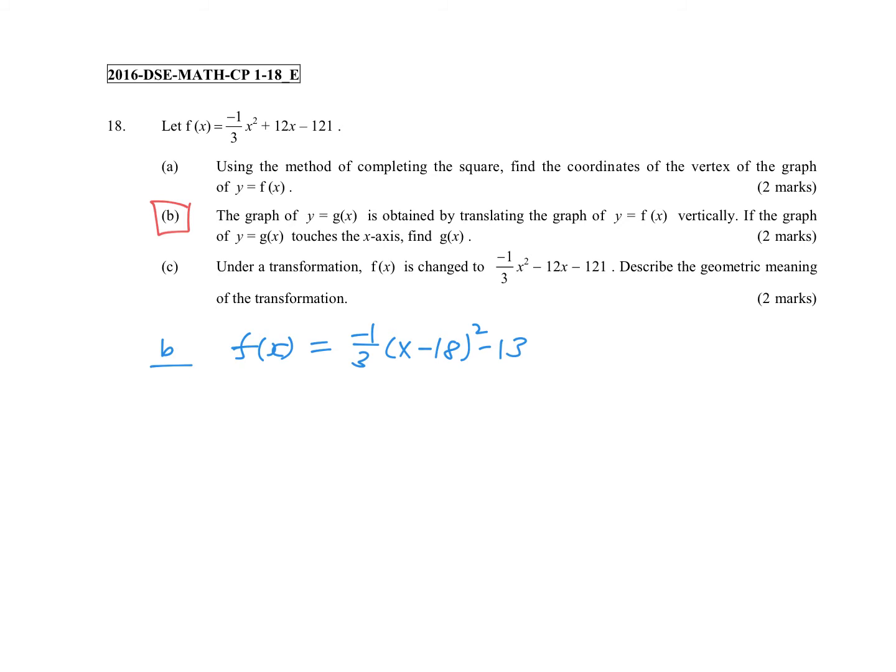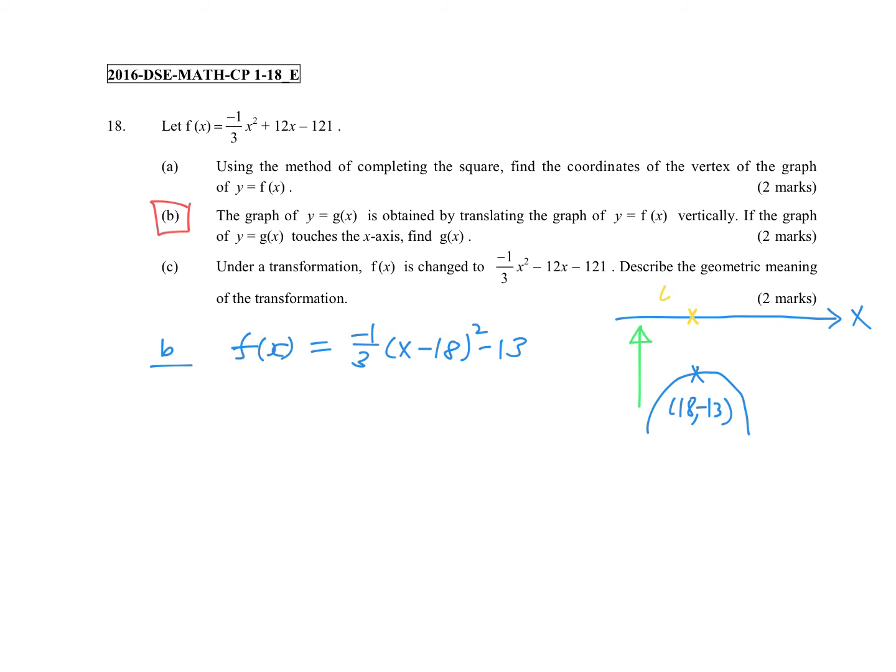Here, the graph opens downwards, with vertex coordinates (18, negative 13), and the x-axis will be above the whole parabola. So the whole graph is translated upwards, of course, because the final graph has to touch the x-axis. So the translated graph touches the x-axis at which point? Of course, at the vertex.